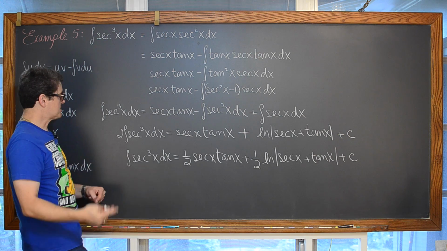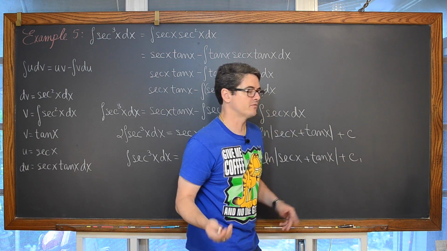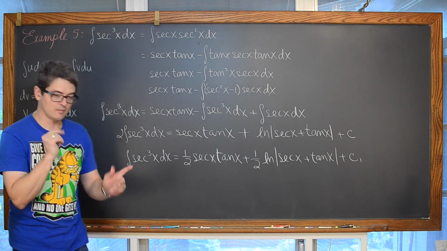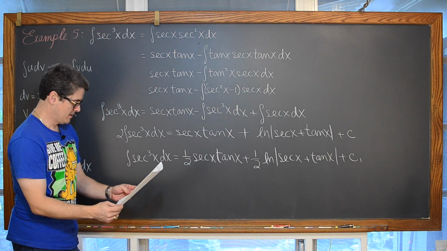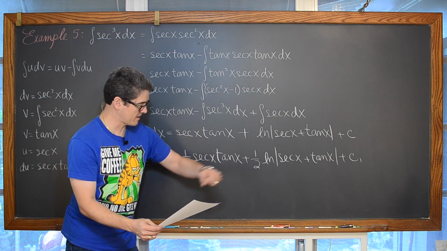An unknown constant divided by 2 is just yet another unknown constant, or just leave it as another unknown constant of integration. Let me double check, make sure I didn't do something silly. And there we go: 1/2 secant tangent plus 1/2 natural log.